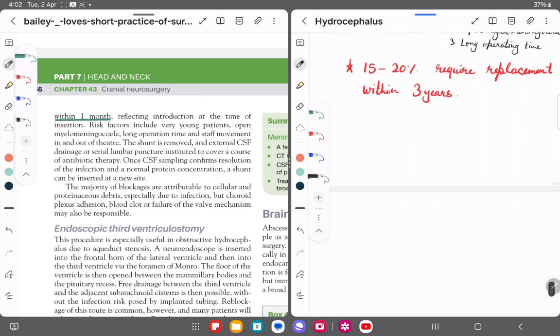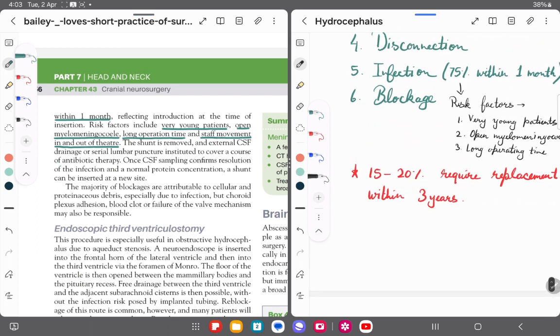The shunt is removed and external CSF drainage is established, with serial lumbar puncture instituted to cover a course of antibiotic therapy. So what should we do in infections?